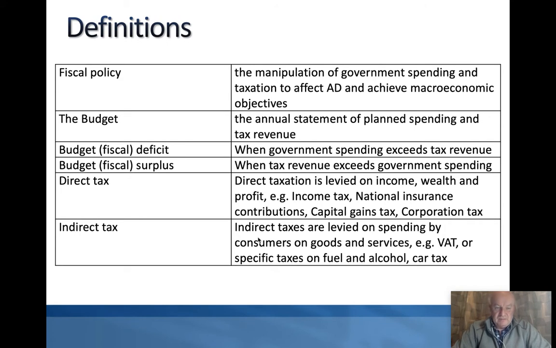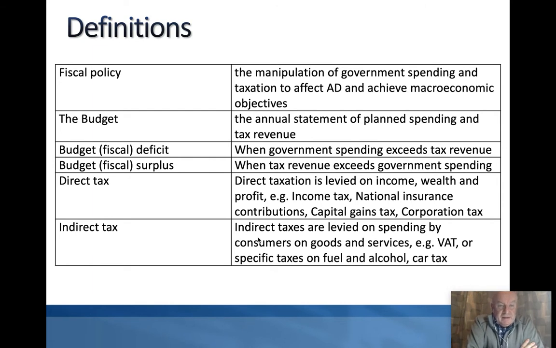Okay, now if we have a budget surplus, fiscal budget surplus, then effectively the tax revenue that we're gathering as a government is actually exceeding the amount that we're spending. Okay, so those are two things to bear in mind. And also we need to think about the reasons why we might do each one of those as a government.